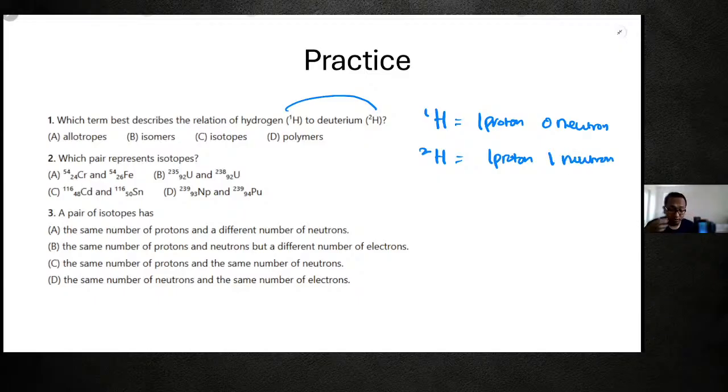Like I mentioned before, the mass itself is proton plus neutron. If we have just one, it means we need to eliminate the neutron. So one proton, zero neutron, and for deuterium it has mass two, so it should be one proton and one neutron.